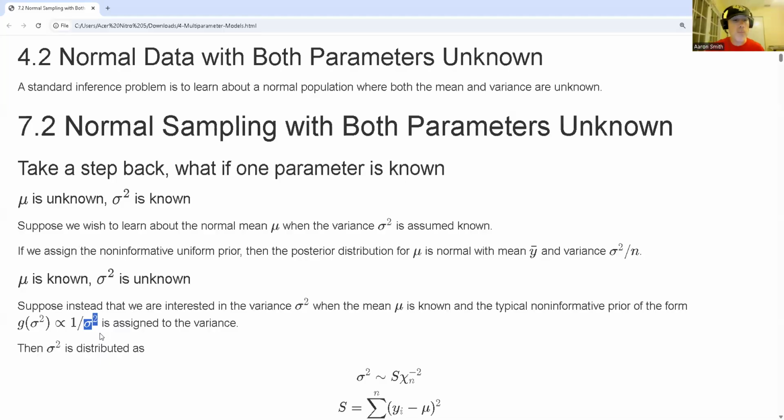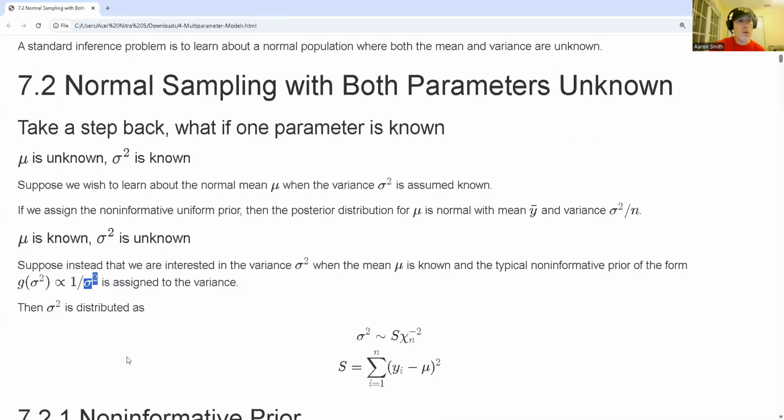Some good tricks there. All right, so in the situation where the mean is known, the variance is unknown, and we pick the standard uninformative prior, then sigma squared is going to be distributed as S times an inverse chi-squared distribution, where S is the sum of the squared deviations about the mean.